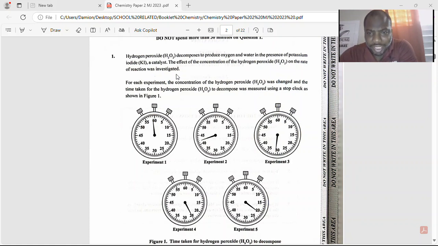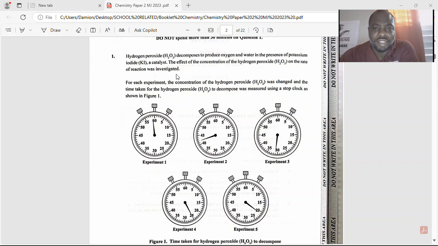Catalyst, surface area, temperature, concentration. Beautiful.